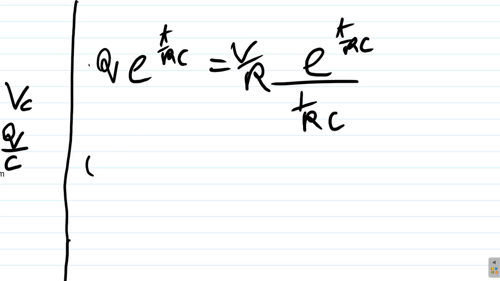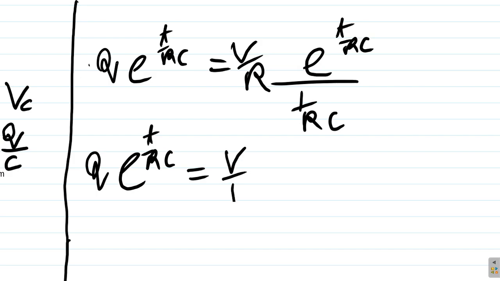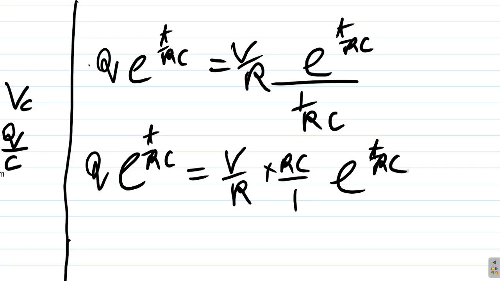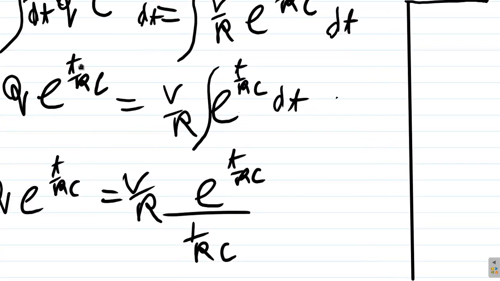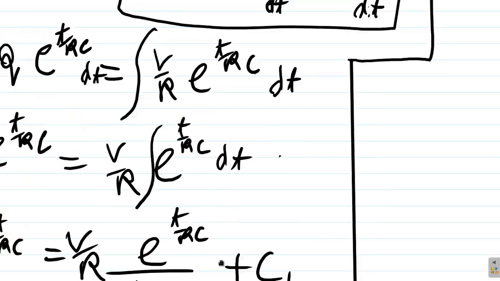So this is q e to the t over RC equals V over R times RC over 1 times e to the t over RC. Oh, I forgot to put the constant of integration. After you integrate, you say plus C. Call it C1 because we might have to change it.